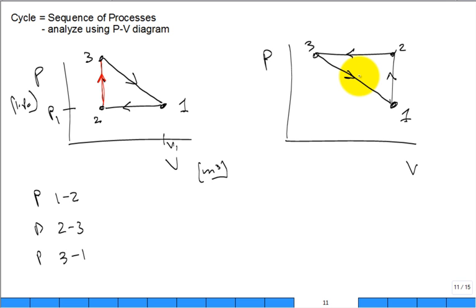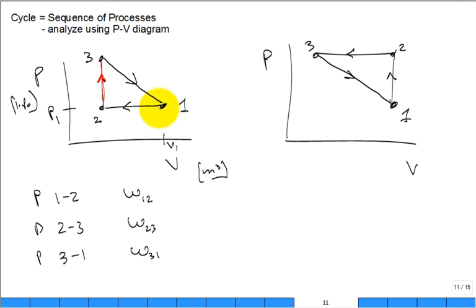All right. There's a couple things I'll just say right up. What you can do is analyze the work for each of these processes. You can analyze the work 1 to 2, the work 2 to 3, the work 3 back to 1 again. True?